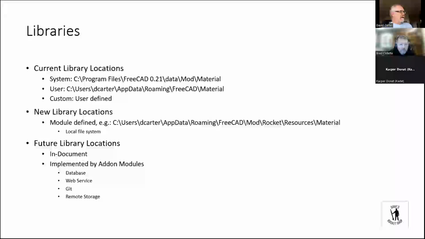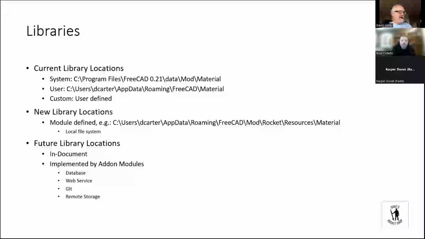Now, in future, these libraries could be augmented. Some current thoughts on this, and they're by no means firm, so there is time to adapt if this is unacceptable. But in document, each document can be treated as a library. There can be materials inside that document that are unique to that document.